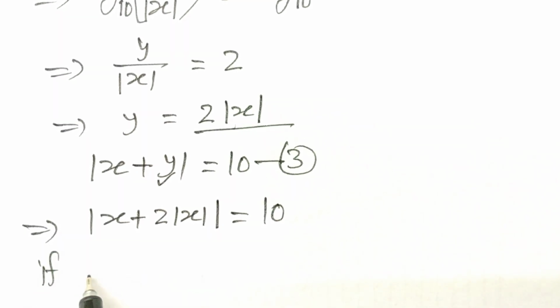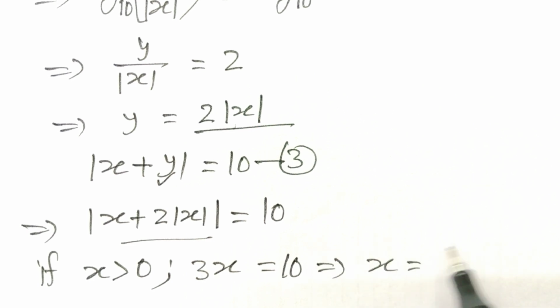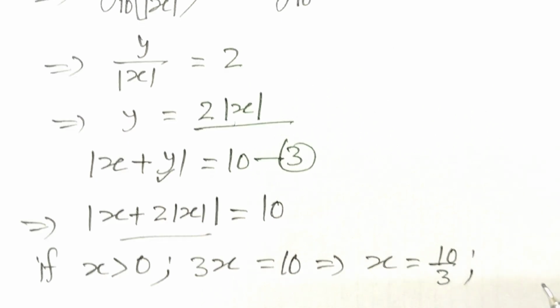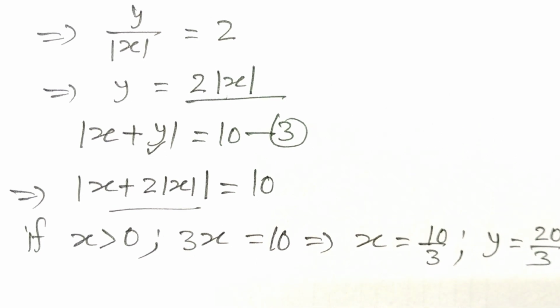if x is greater than 0, right? So this will be 3x is equal to 10. So x will be equal to 10 by 3 and y value will be 20 over 3, right?